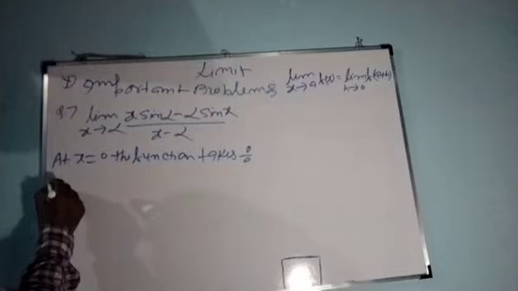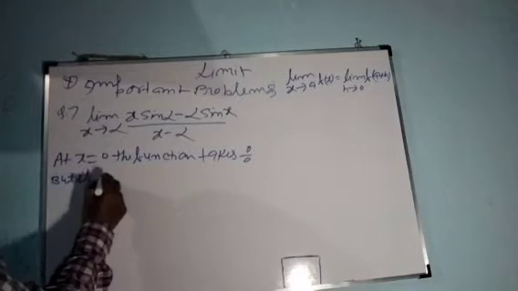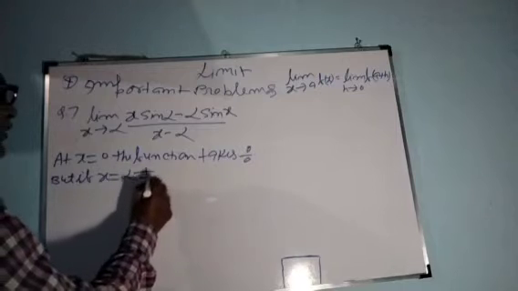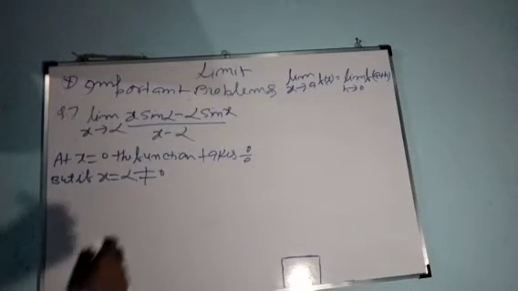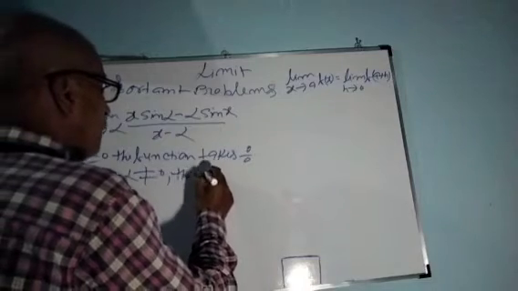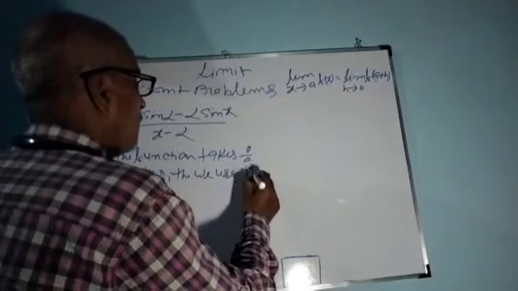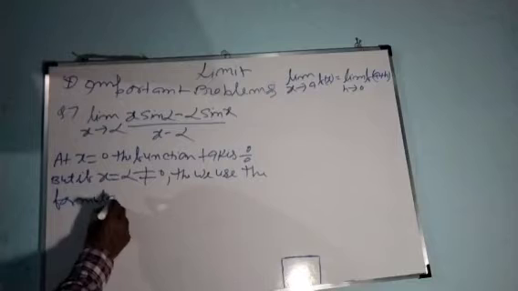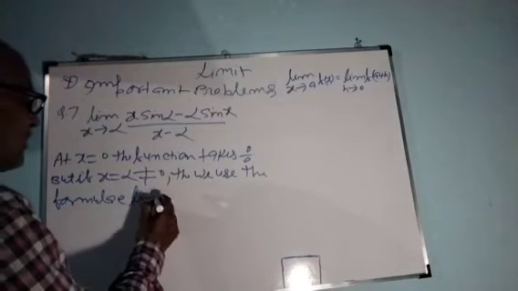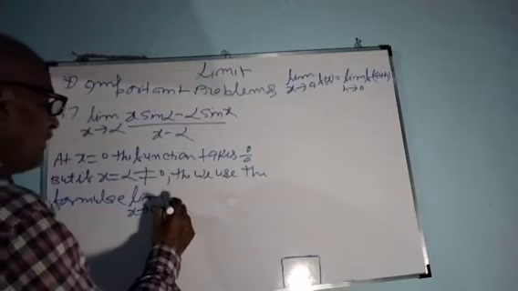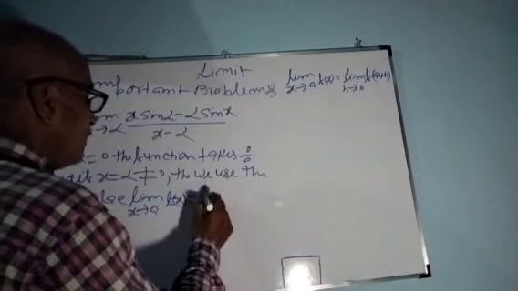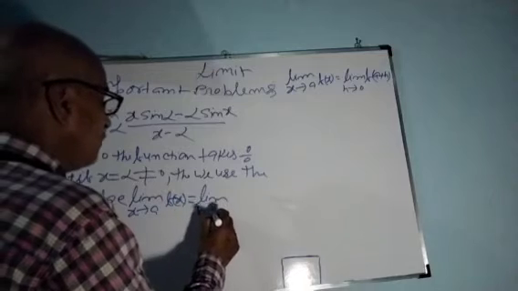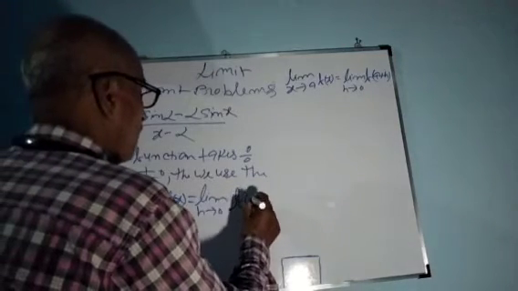But if alpha is not 0, then we use the formula limit x tends to a, f(x) is equal to limit h tends to 0, f(a plus h). I have discussed the formula in the previous video.